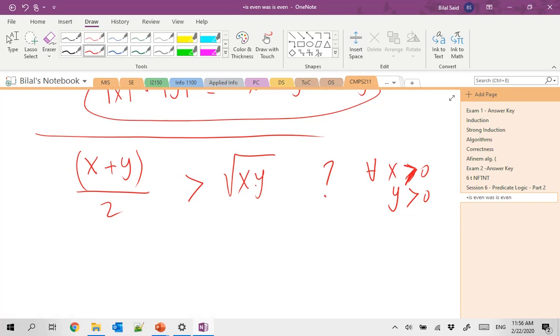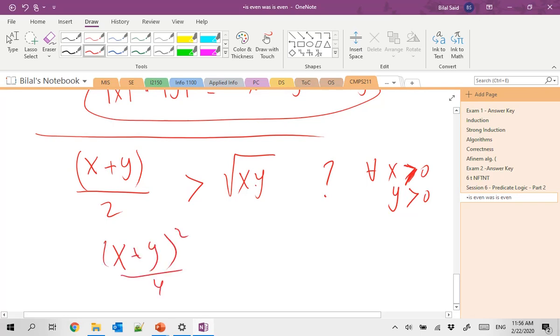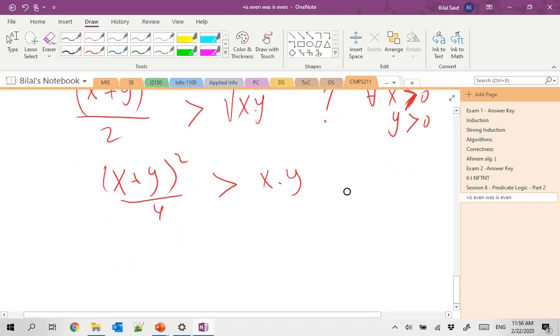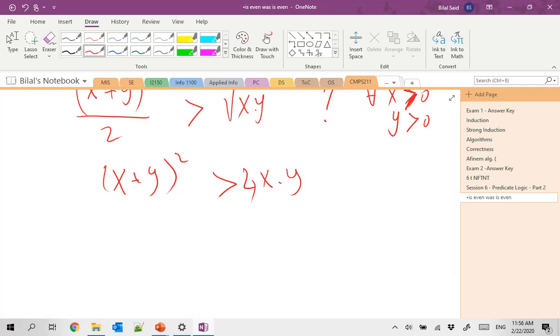If we calculate the square of both sides, you get something like (x plus y) squared over 4 is greater than x times y, which is actually greater than 4 times x times y. You unfold the left-hand side, and you can get something in the middle.